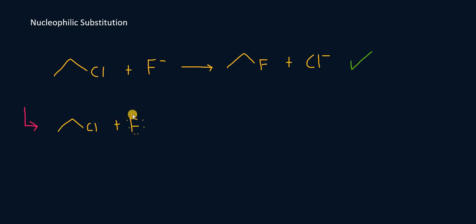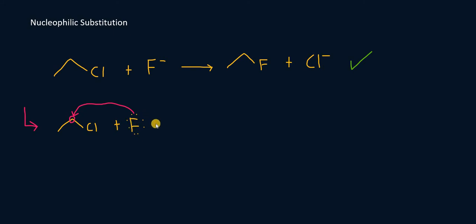And so what's going to happen is, one of these lone pairs is going to be attracted to the electrophilic carbon. And remember, the electrophilic carbon is going to be the carbon that the leaving group is bonded to. So this right here is the carbon that the leaving group is bonded to.